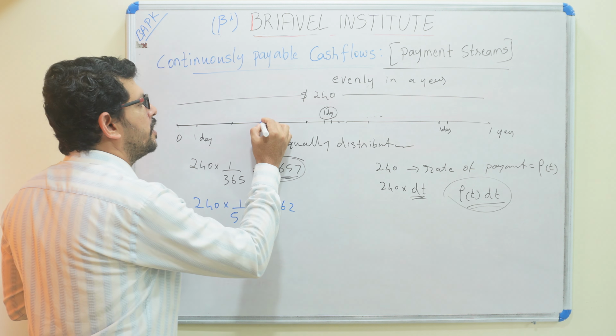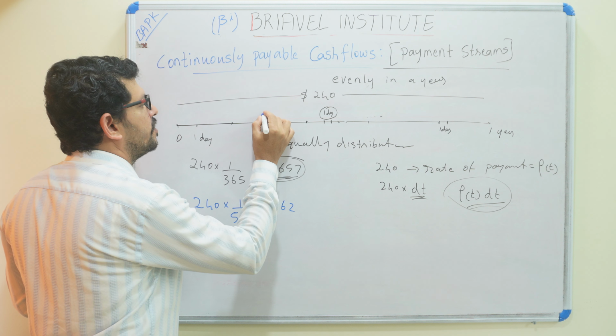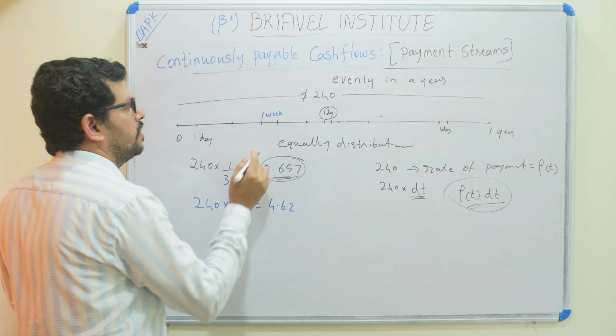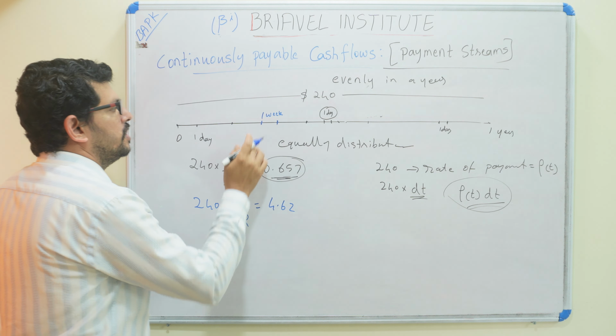Any particular week I take in the year, the payment received is 4.62. If I take a week at the end of the year, there also it is 4.62. Any week we take, it will be equally distributed.